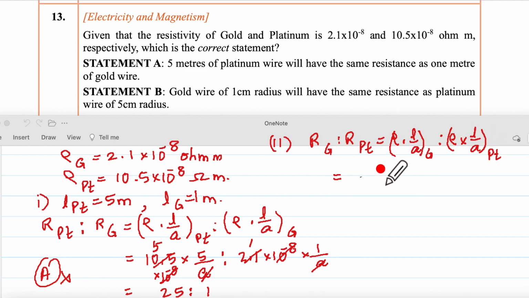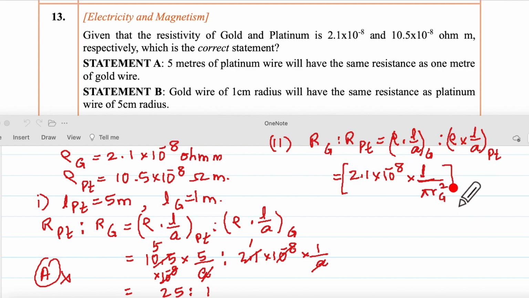We have been given the rho of gold as 2.1 into 10 to the power minus 8 multiplied by length. They have not spoken about length, they have taken the radius. So we assume that the length is the same. Area of cross section is pi r square. So it will be pi r of gold square.